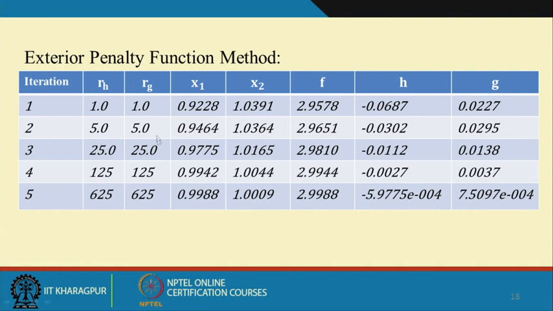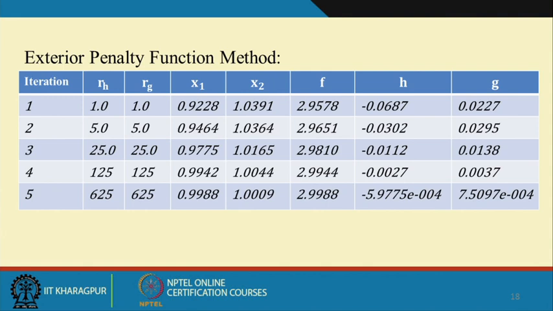Then you see this table is converging to x1 as 0.99 and x2 as 1, whereas the objective function value is converging to 2.99. Otherwise, from the first order condition, if you just consider RH tending to infinity or RG tending to infinity, you will get the same value, alright.